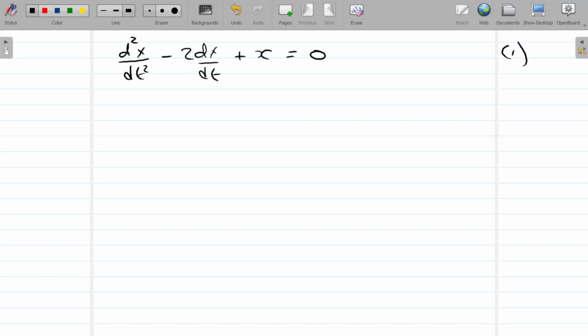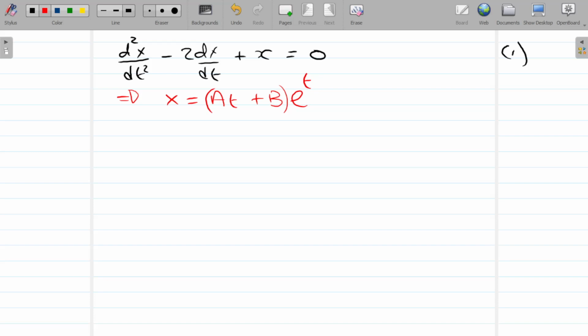Now, we know if we solve this equation via normal high school mathematics, that the solution comes out to be y. In fact, we're working in terms of x, aren't we? So we know the solution is x equal to (at plus b) times e to the t.